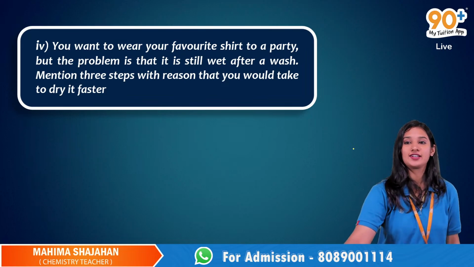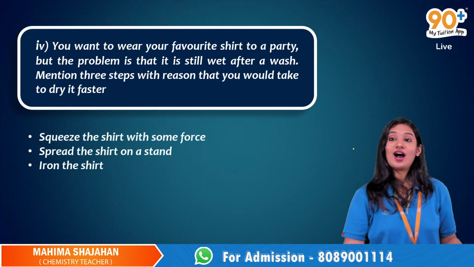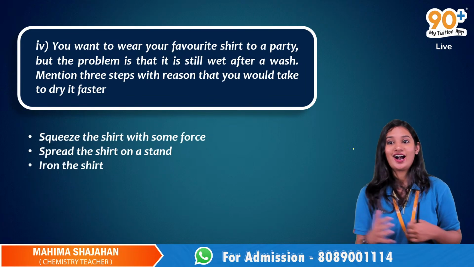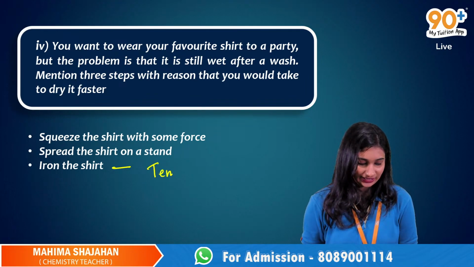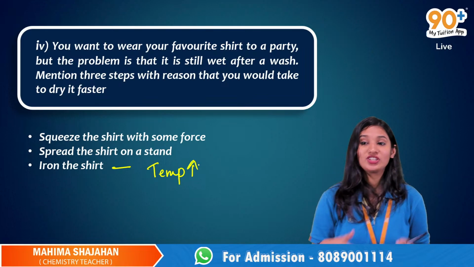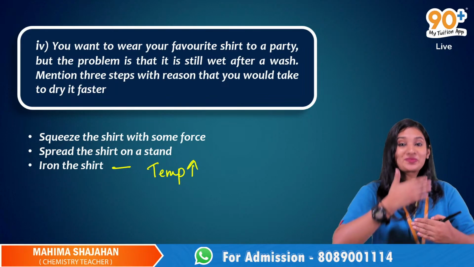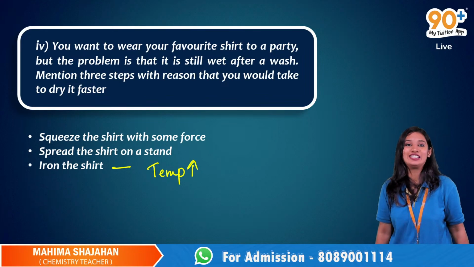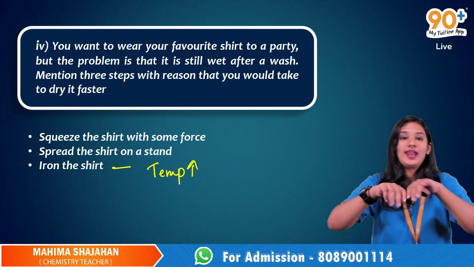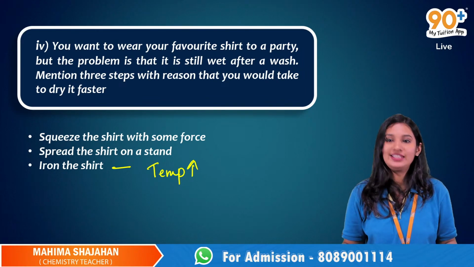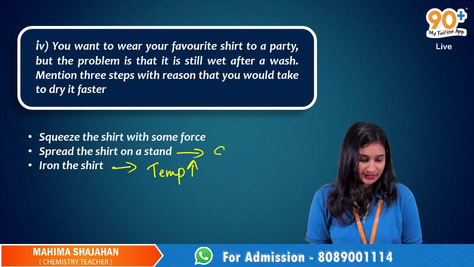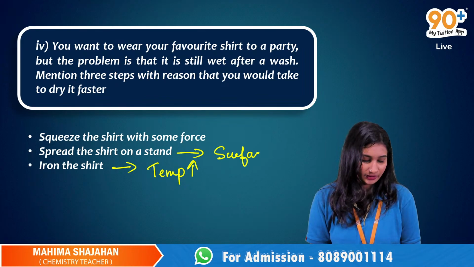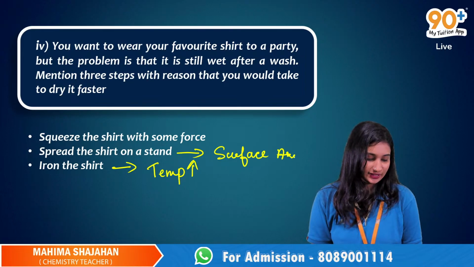Any other answers? You will iron it. Why? When you iron it, temperature increases. When temperature increases, what happens? Evaporation will increase. Then, you will spread the shirt on a stand. Yes, you will spread it out. What happens when you do that? Surface area increases.